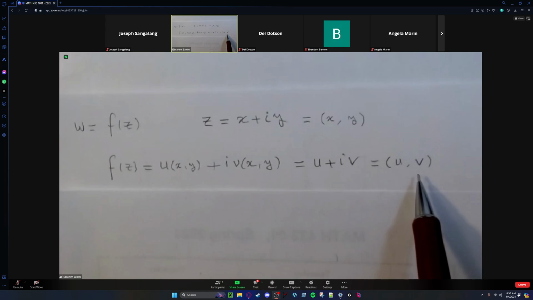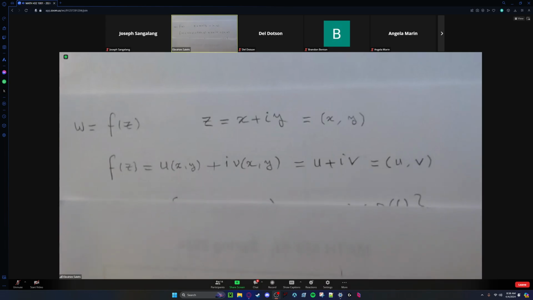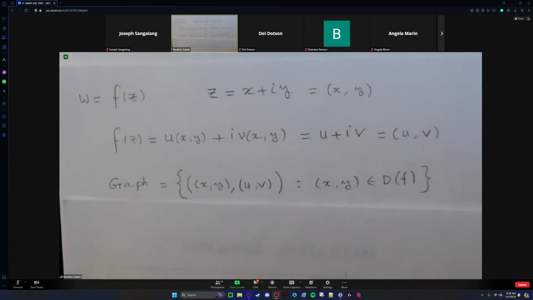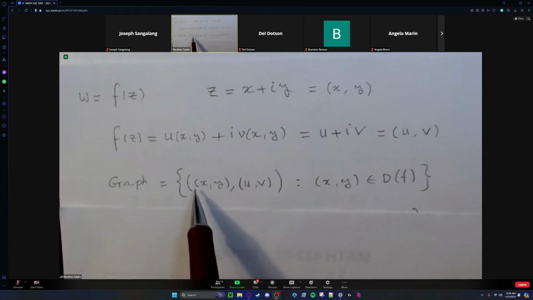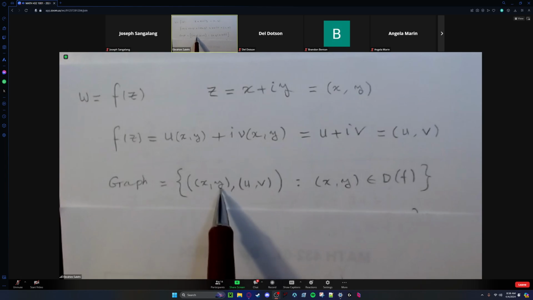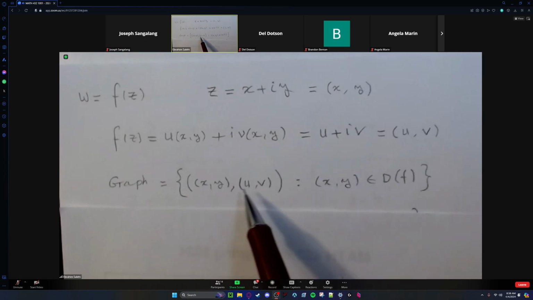Now, again, if I want to follow that pattern of calculus 1, we would say the graph is this: the input x, y, comma, the output u, v.